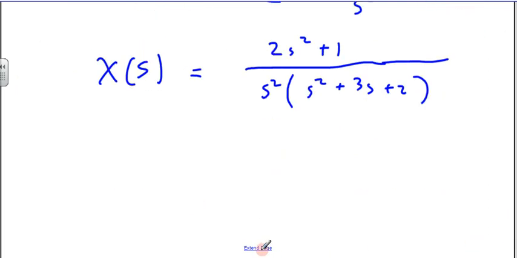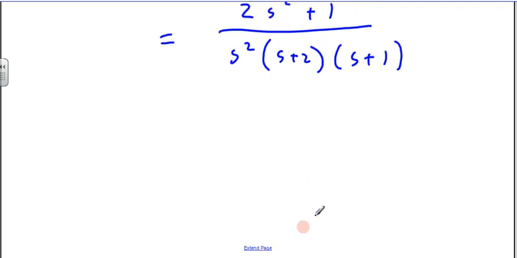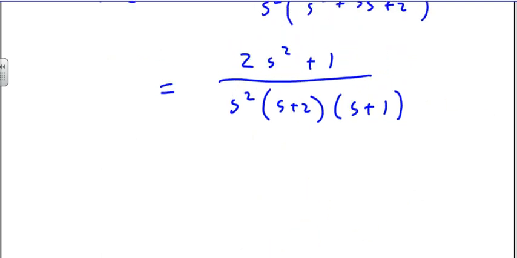And we'll apply a little bit of algebra and say that that's 2s squared plus 1 divided by s squared, s plus 2, s plus 1. Okay, and then we'll do a partial fraction thing. Now, I got a square guy there, so I'm going to have to do something different.